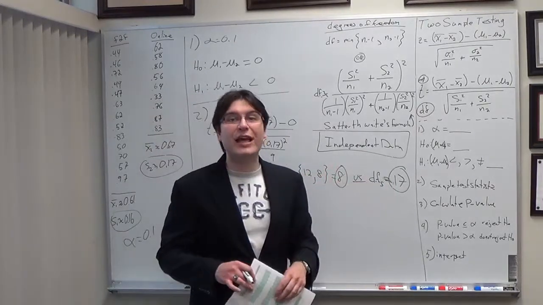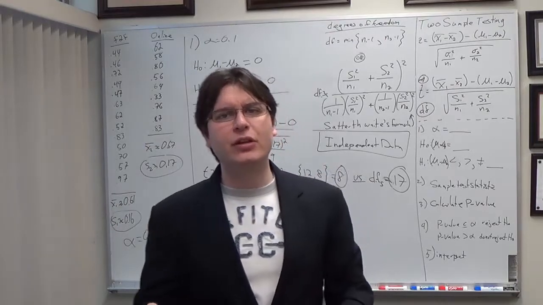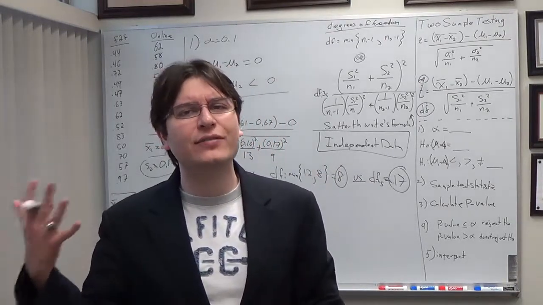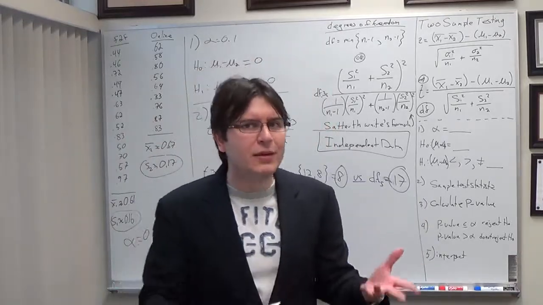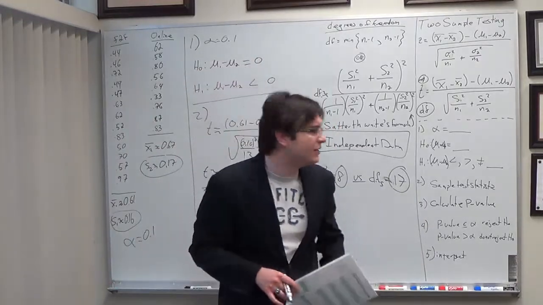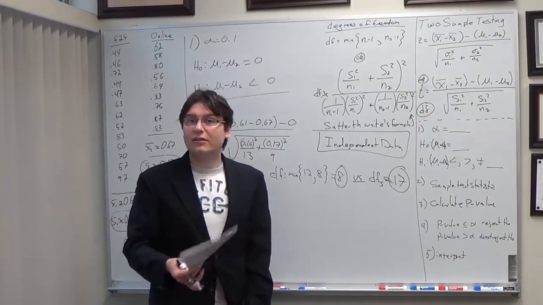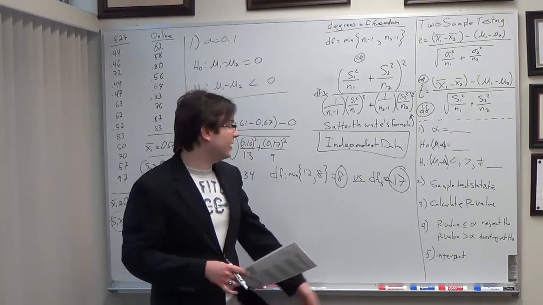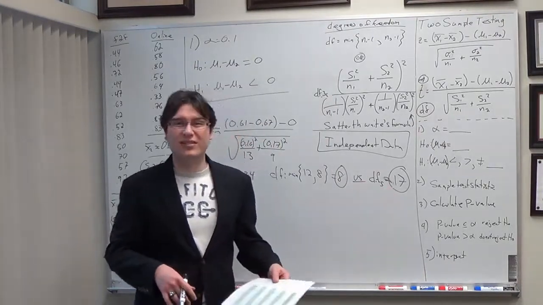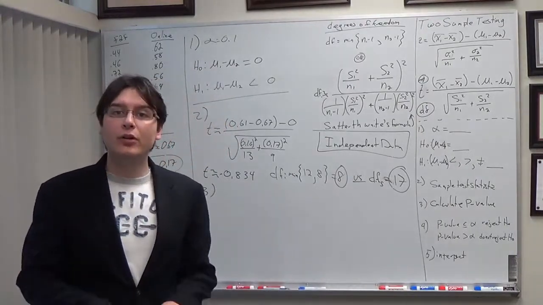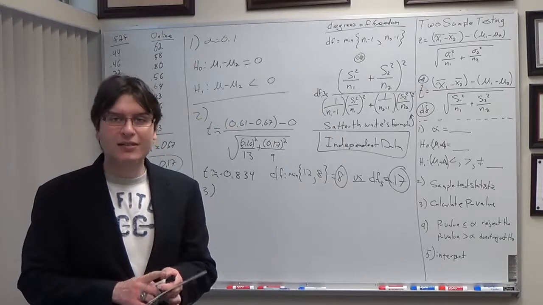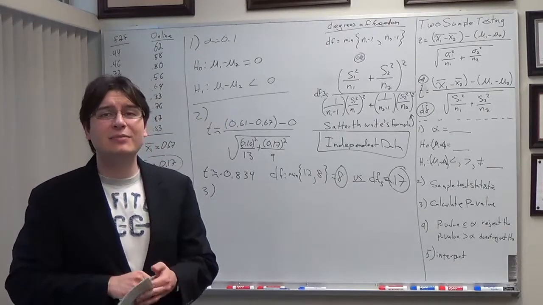Satterthwaite's tends to be a very accurate way to calculate degrees of freedom as long as we have at least 5 terms in each column, which we do here. So it's a decent way to calculate this, and since I like to be more actionable rather than less, I prefer to go with the 17 rather than the 8. Either one would work, and quite possibly either one will lead us to make the same decision.